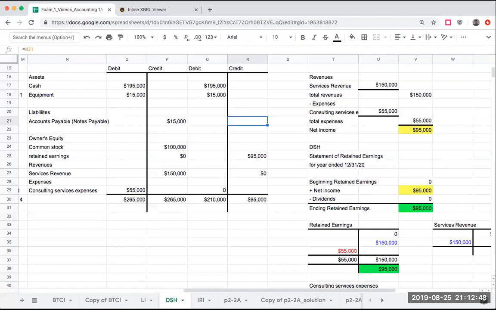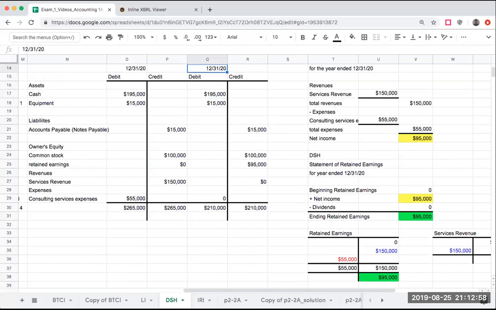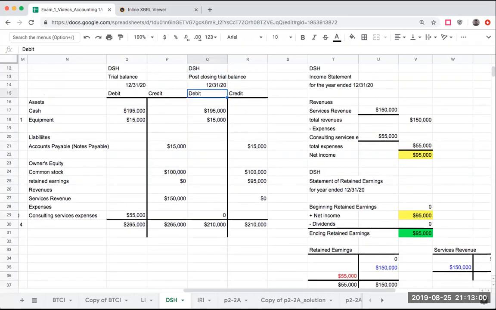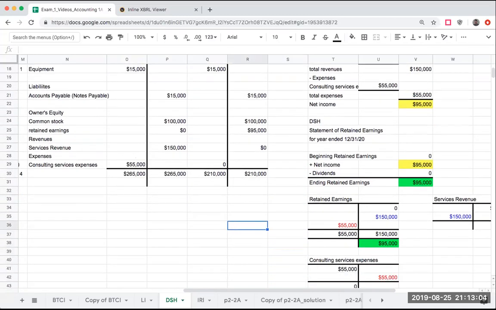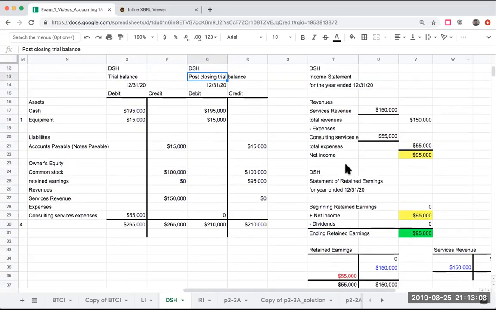So I have accounts payable of 15,000 that hasn't changed, and common stock of 100,000. In my post-closing trial balance, which is essentially what we just did in closing out the accounts, do my total debits equal my total credits?